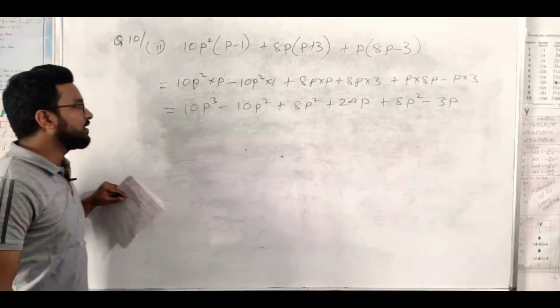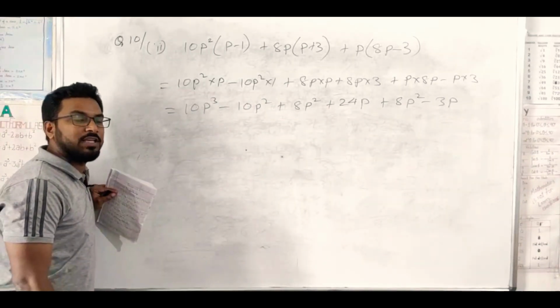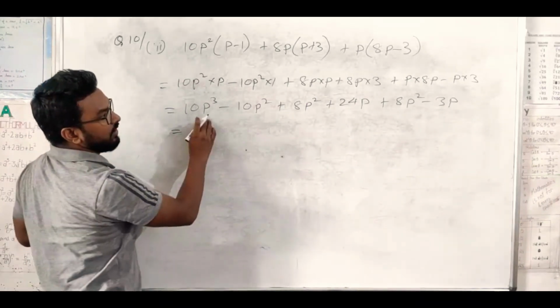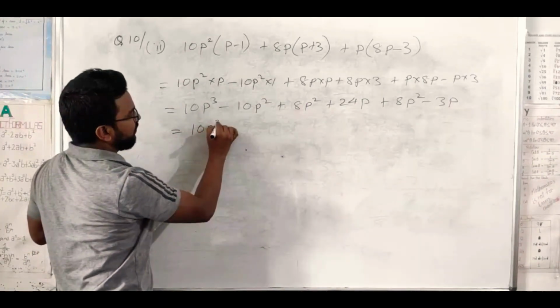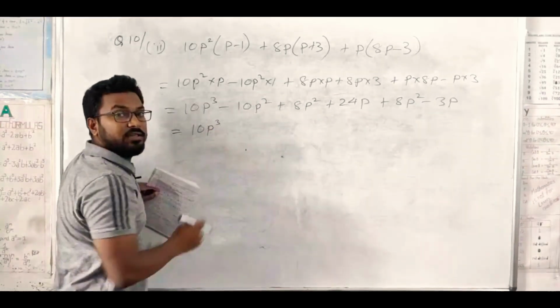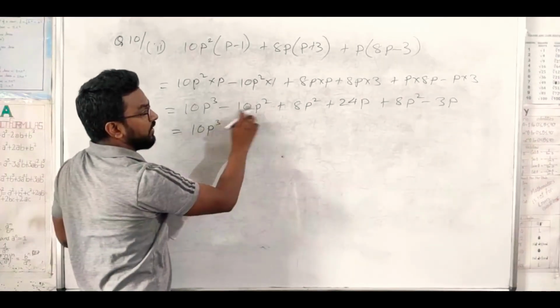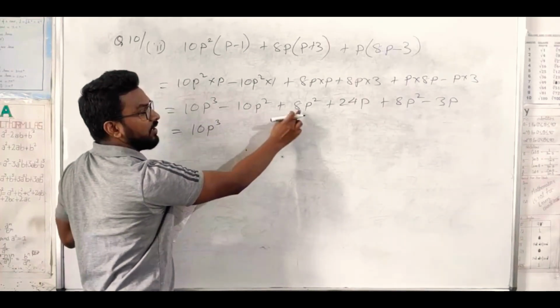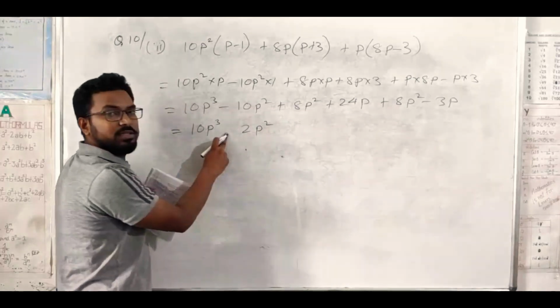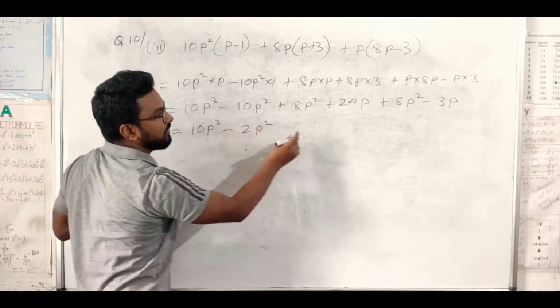Okay, now we'll see, is there any like terms among all this? Yes, so we'll bring all together. So 10p cube, there is no like term similar to this. But in the second case, they are like terms. So minus plus minus, 10 minus 8 is 2. So 2p square. What will be the sign? The sign will be minus.